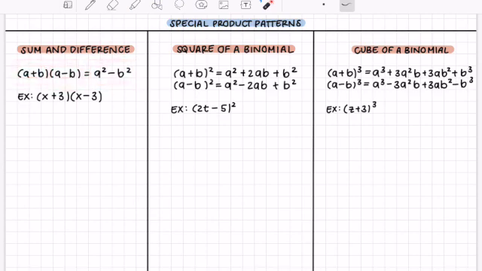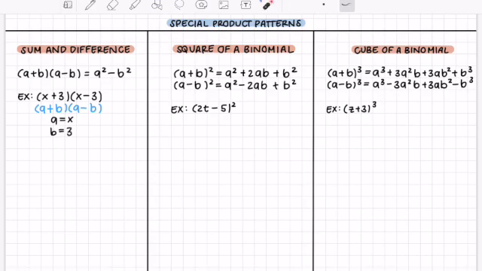So, for example, right here we have x plus 3 and x minus 3. This aligns with our a plus b and a minus b format. And from here, I can determine that a would be equal to x and b would be equal to 3.